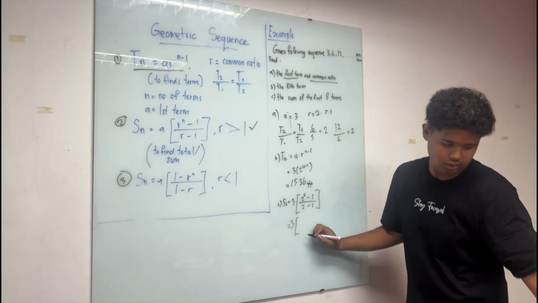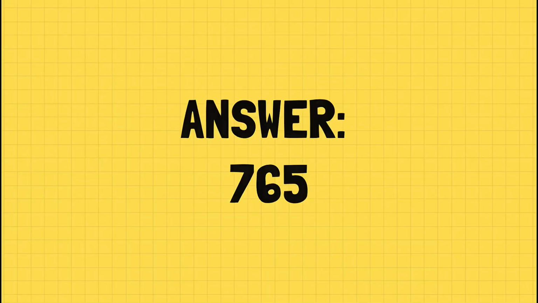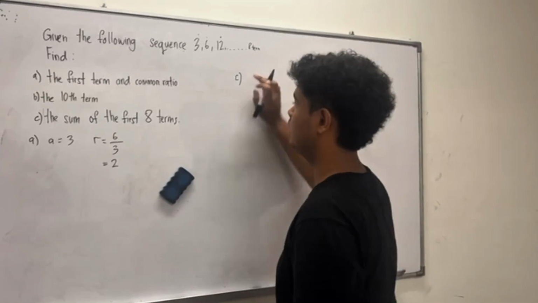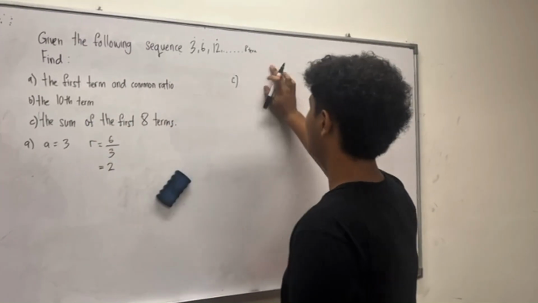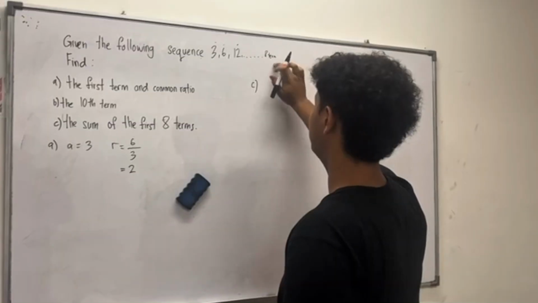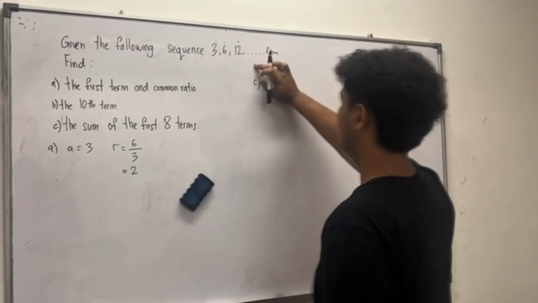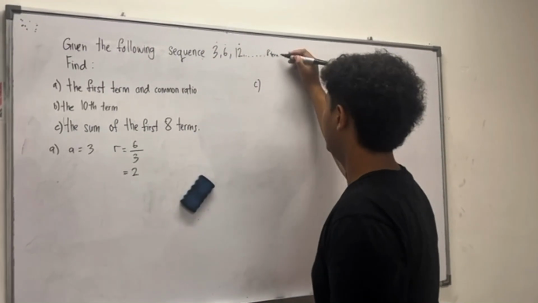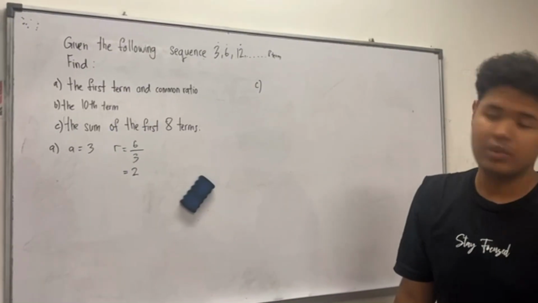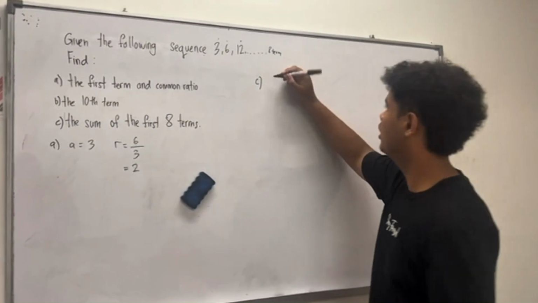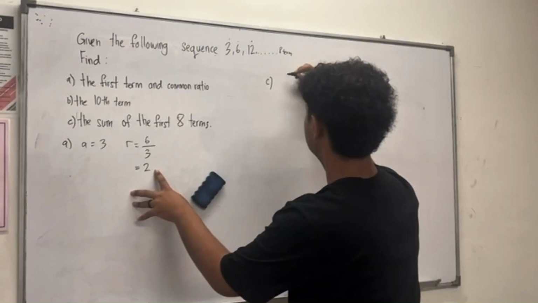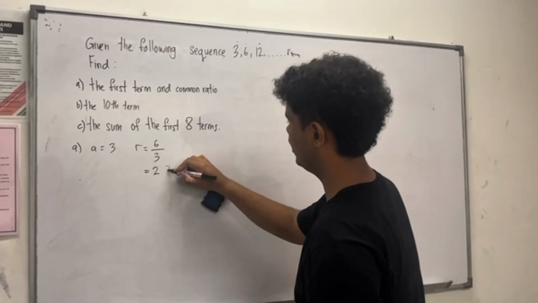So we continue to the C question, the sum of the first 8 terms. We need to find the total of the 8 terms, and the question only gives the first 3 terms of the sequence. So we need to use the second formula given earlier, because r is greater than 1.